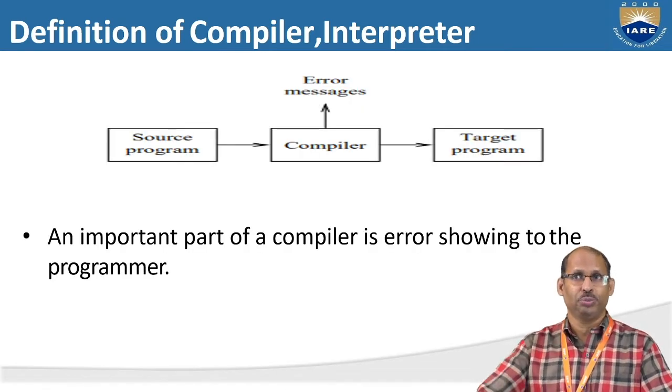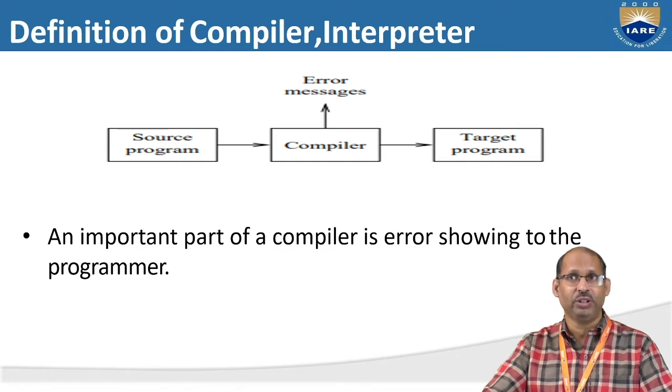So a source program will be the input to the compiler. The compiler will do the compilation process, and each line will be converted. If any errors occur, the error handler in the compiler will generate the error messages.